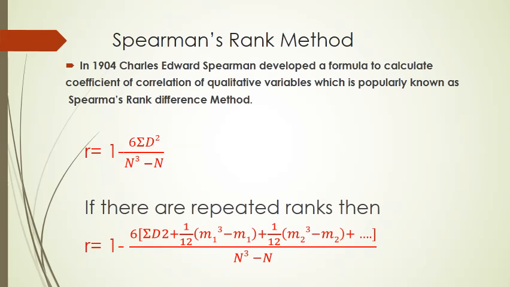If you are giving, for example, the 5th and 6th rank to observations that are the same, so you are giving 5.5, 5.5 to both these observations, then m will be 2. So the value of m here means how many times a rank repeats.